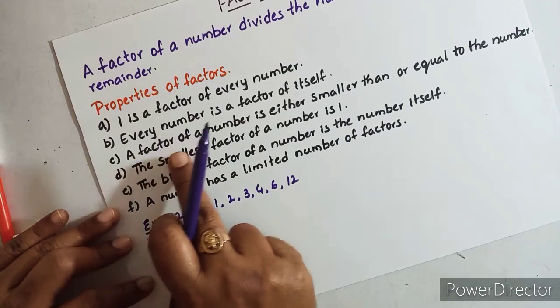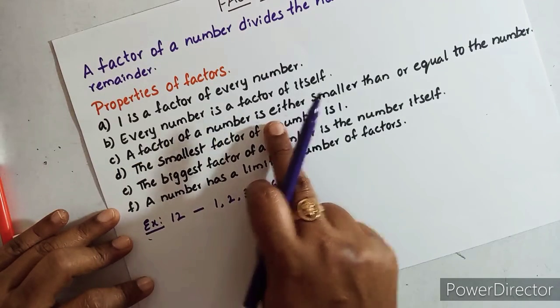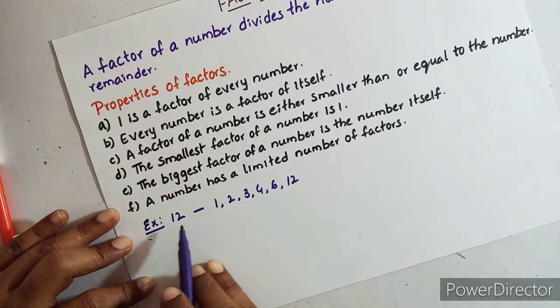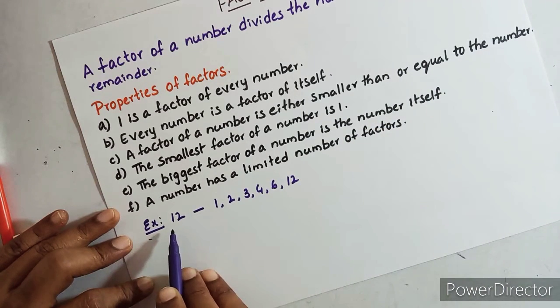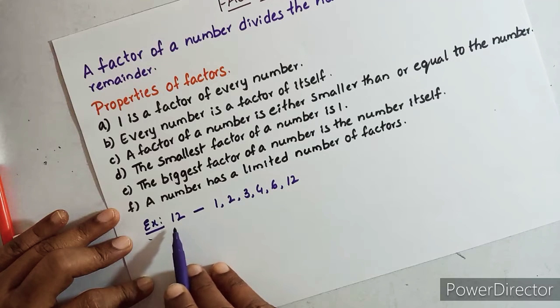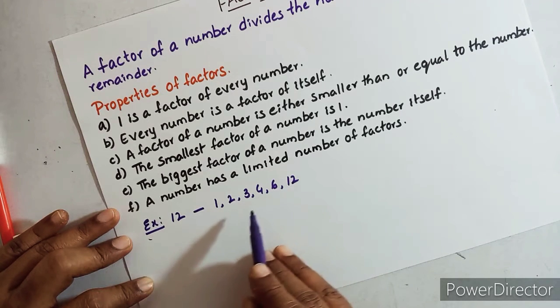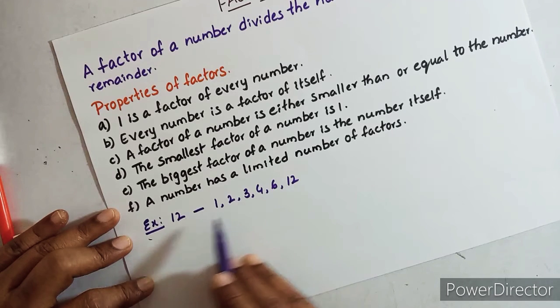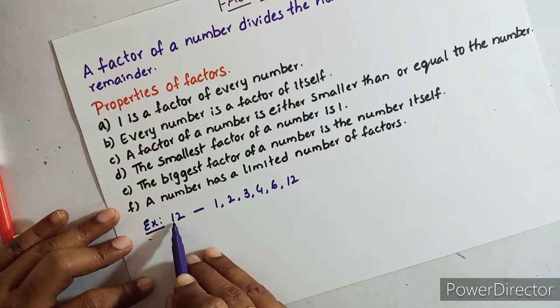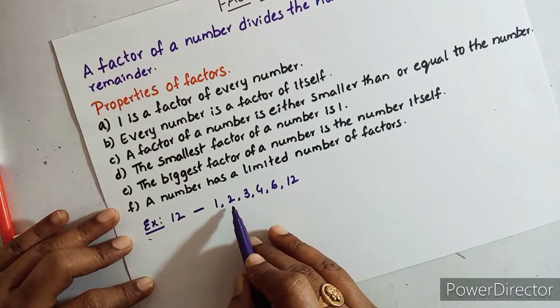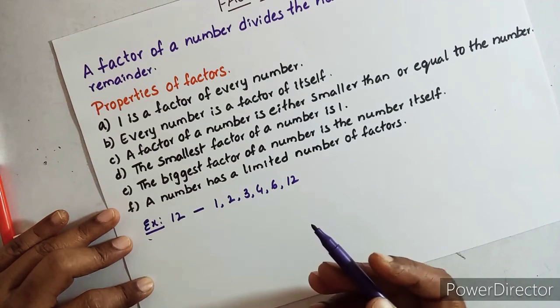And the third one is a factor of a number is either smaller than or equal to the number. Here in this example you can see we have already found the factors for 12. That is 1, 2, 3, 4, 6, 12. When you observe this, 1 is a factor of 12 and 12 is also a factor of 12, and all the rest of the numbers are less than 12.